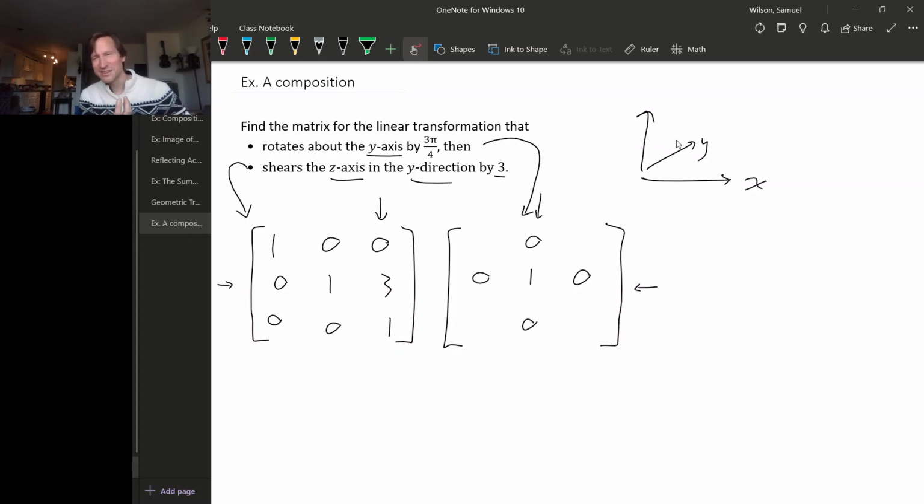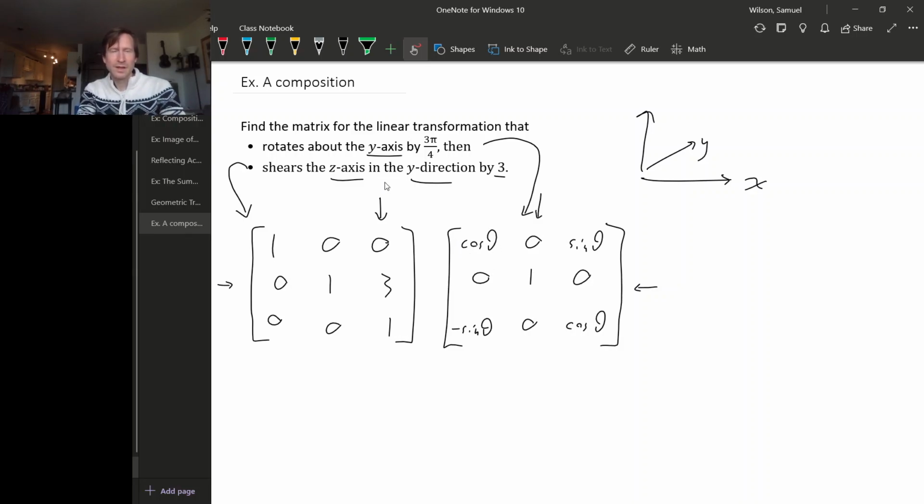So thumb points along the y-axis, your fingers curl from the z towards the x-axis. So the z-axis is playing the role of the horizontal axis. So we get cosine theta here and minus sine theta here. That means there's a sine theta here and cosine theta there.